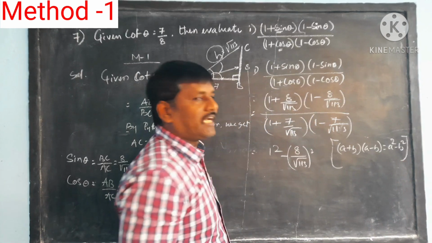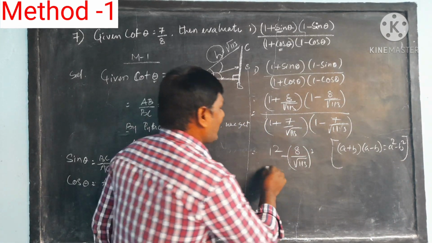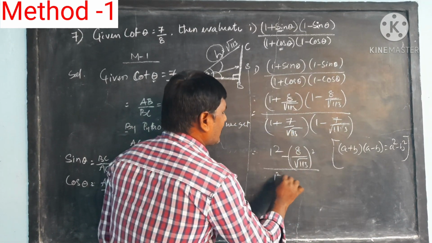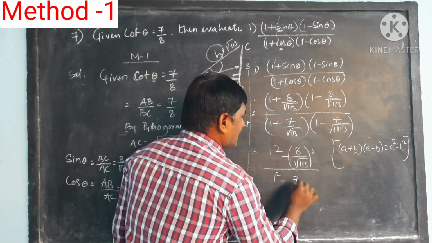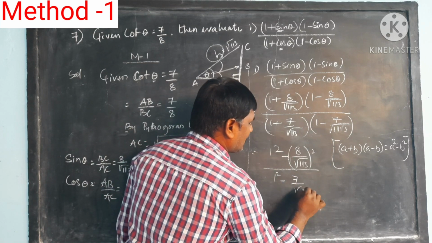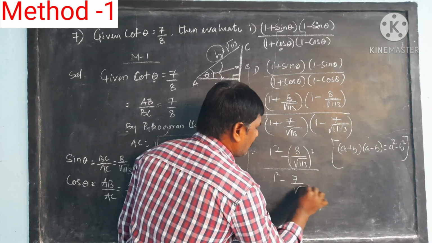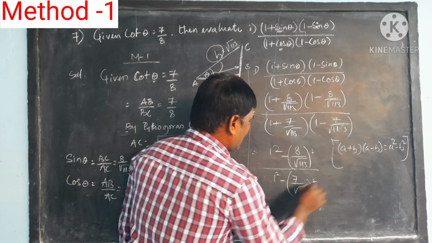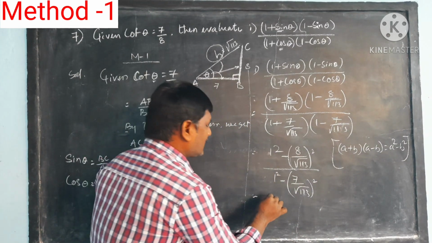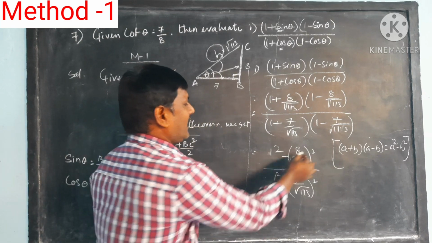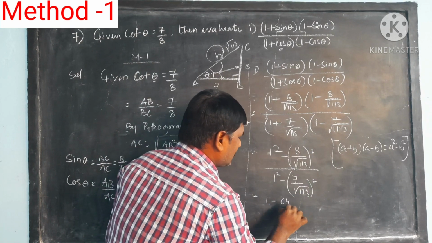So you can write a as 1 and b as 8 by under root 113 whole square. Same way you can write 1 square minus 7 by under root 113 whole square.